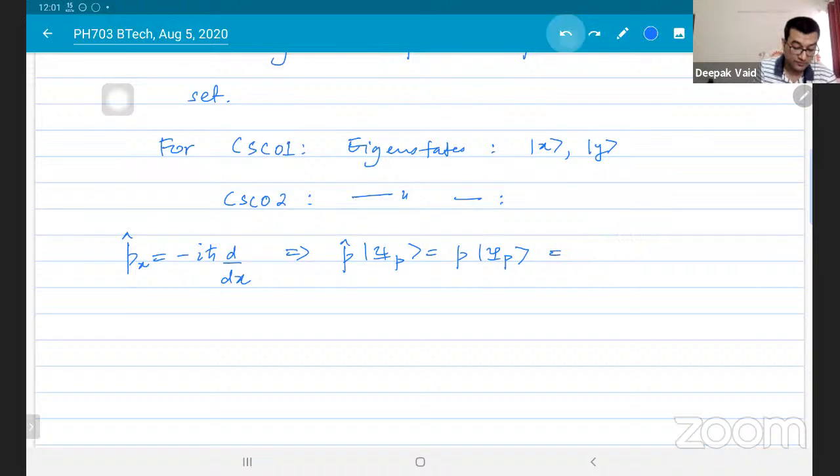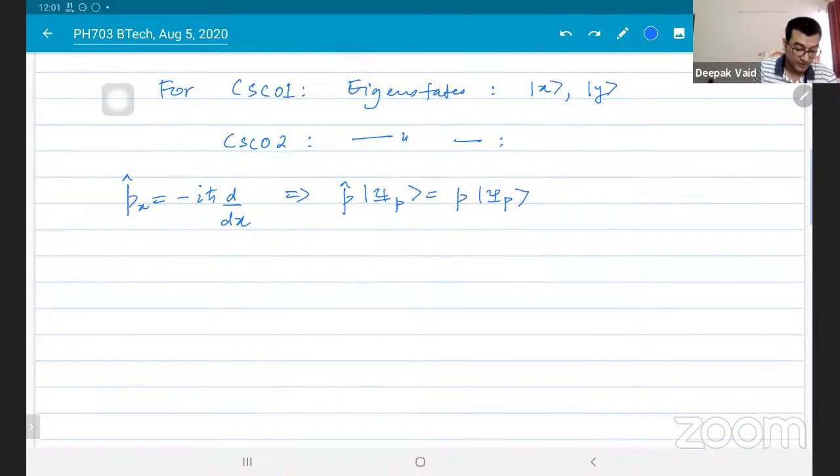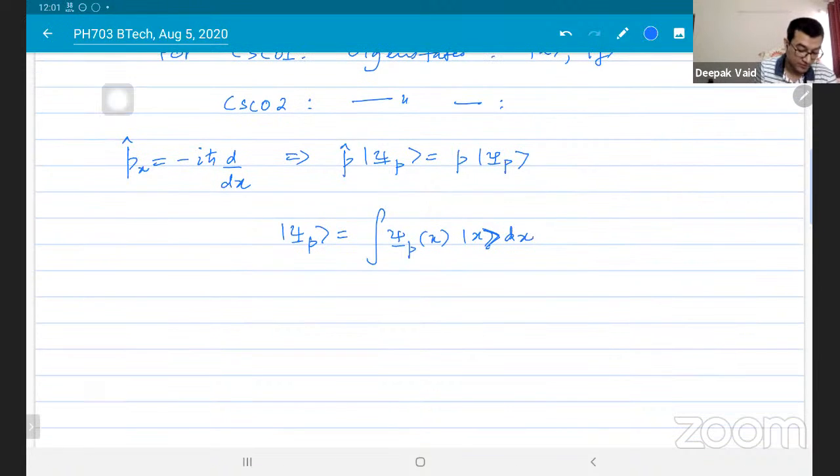So this eigenstate, let me write it and let me expand this in a basis of position eigenstates. I can write it as the integral of psi of p x, ket x, dx. If you insert this back into the expression, what do you get?